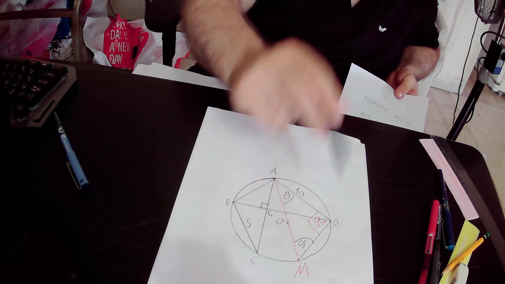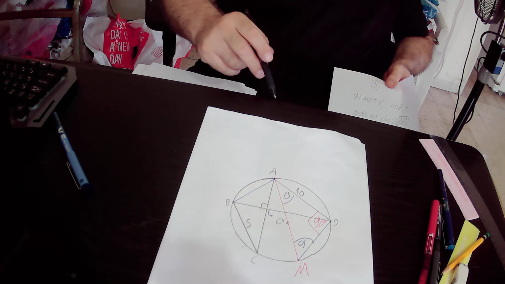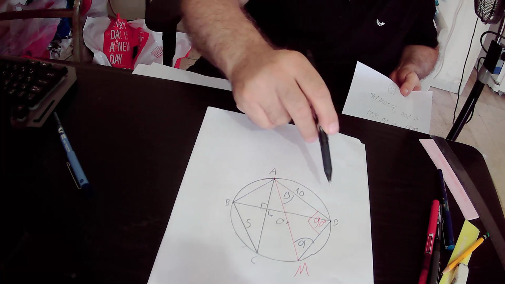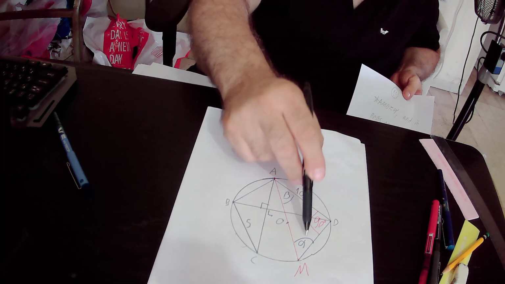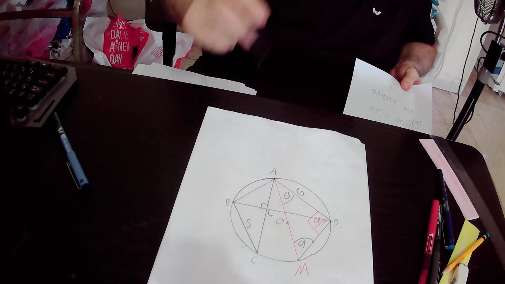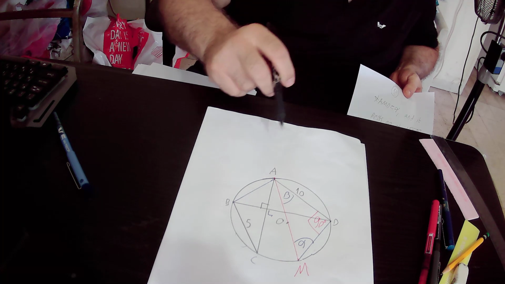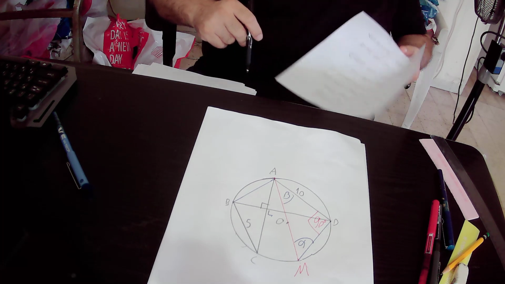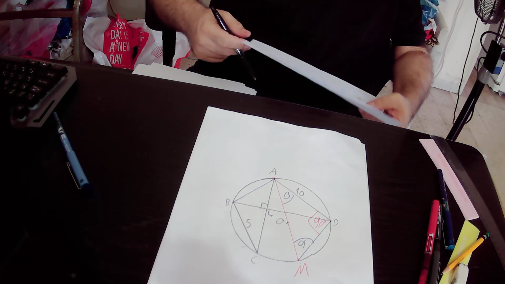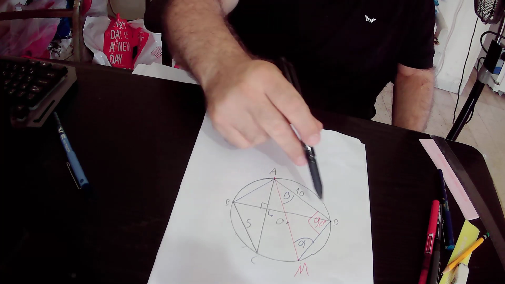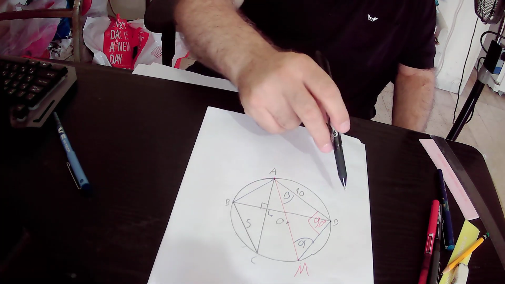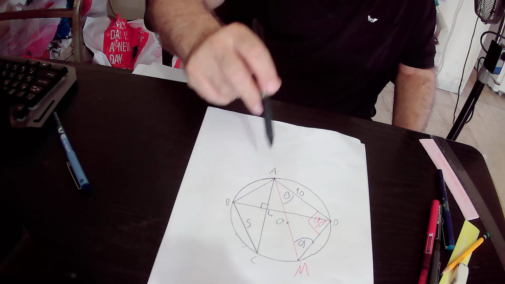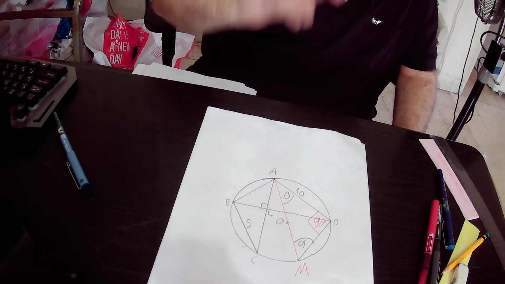Angle ABD equals alpha. We have two angles, angle ABD and angle alpha, that both rest on the same chord AD. So according to rule number 2, they are equal to each other. That is to say, angle ABD equals angle alpha. That's all.